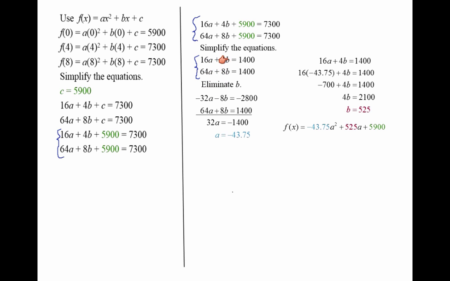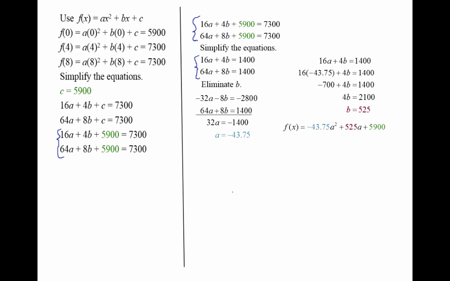We can eliminate b by multiplying the top row by a number to make the coefficients of b opposite of each other. For those of you who have a problem with solving a system of equations, please go back and take a look at the sessions I have on how to solve equations using the addition or elimination method.